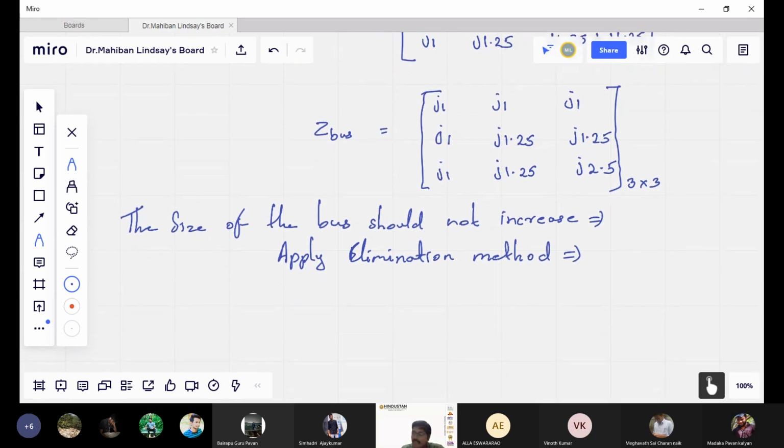So the third row needs to be eliminated. Therefore n should be 3, right?